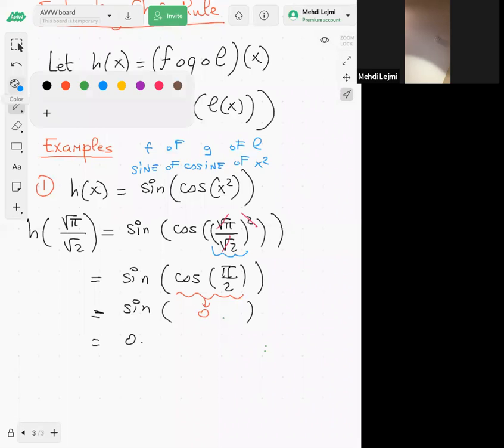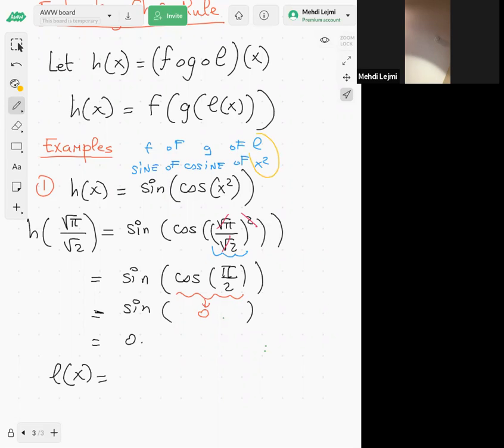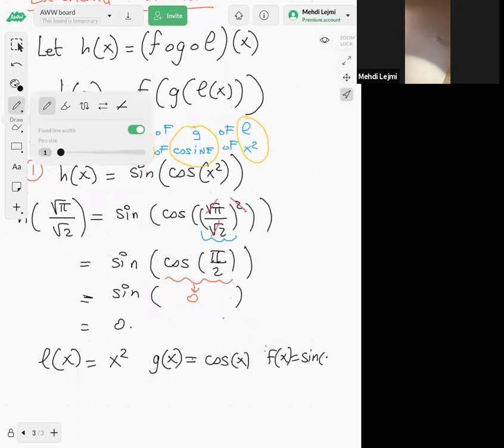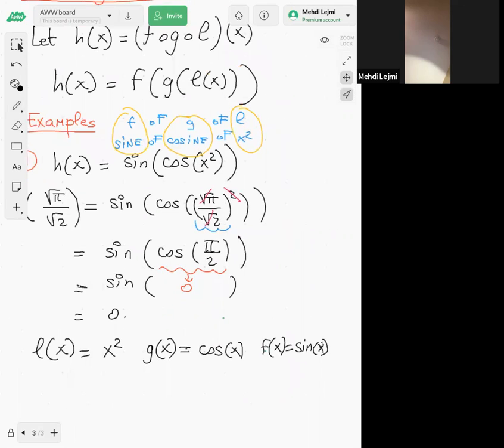Let's start with L. My L of x would be x squared, my g would be the cosine, and my f is the sine. So L of x is x squared, my g of x is the cosine of x, and my f of x is sine of x.